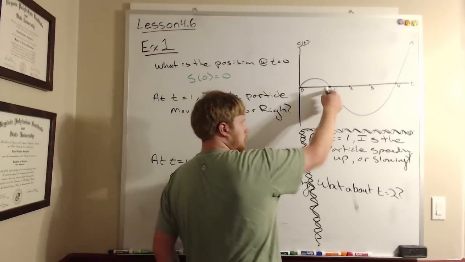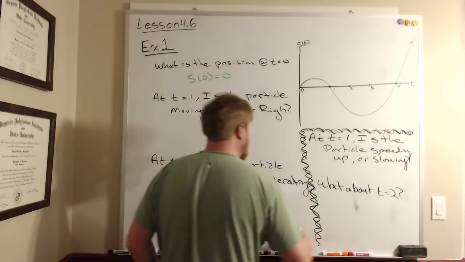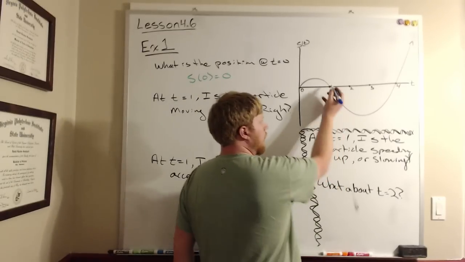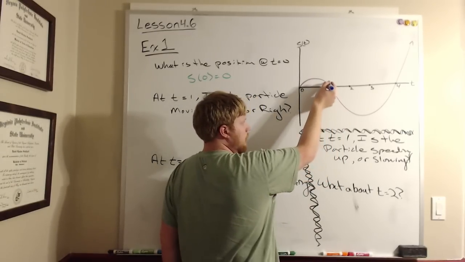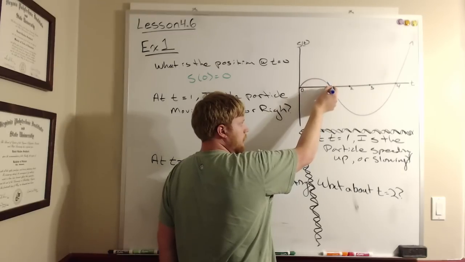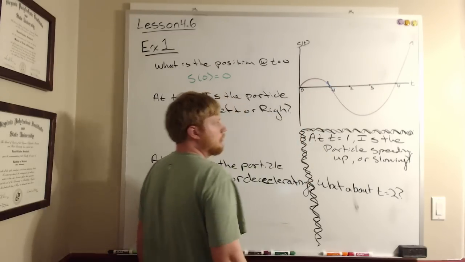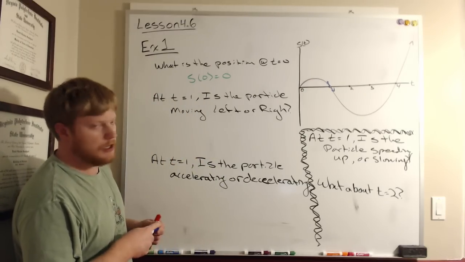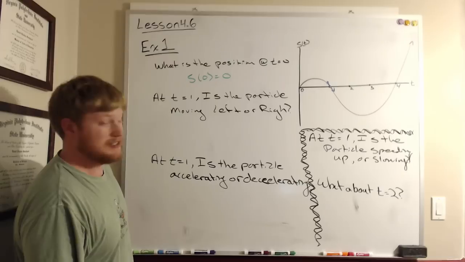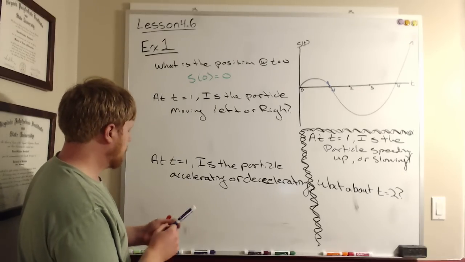At time t equals 1, is the particle moving left or right? Well, at 1, the velocity, represented by the derivative of position, which is the tangent, the instantaneous rate of change there, is negative. Okay?